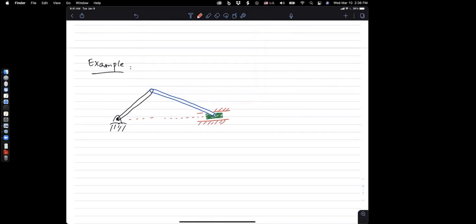So let's call this O, A, and then this point is B, like that slider. OAB is a mechanism.